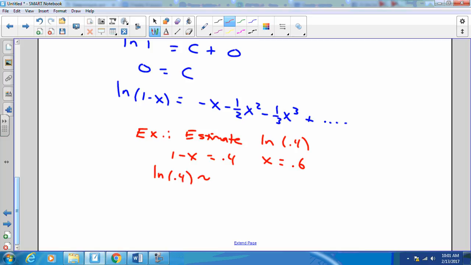And then I can say that the natural log of 0.4 is approximately equal to, and now I can pick as many terms as I like to get as good an approximation as I like. So let's say I take two terms, approximately equals minus 0.6 minus a half of 0.6 squared, or 0.36. Half of 0.36 is 0.18. I get minus 0.78. How does that compare to the actual value?